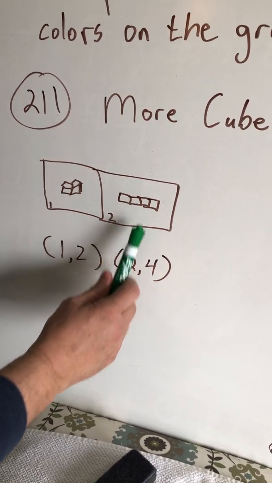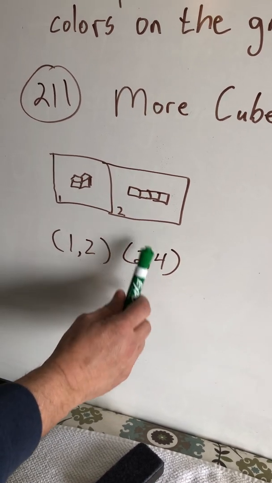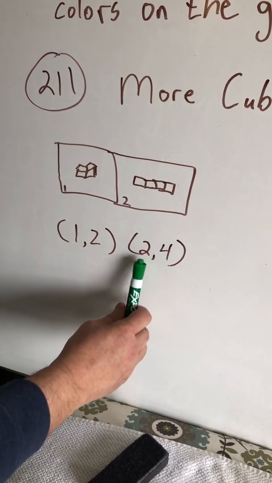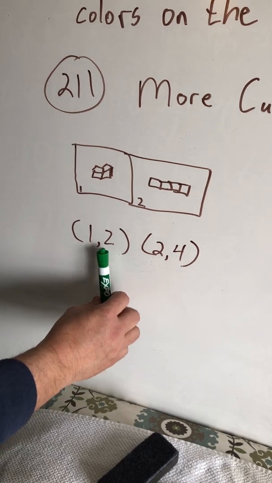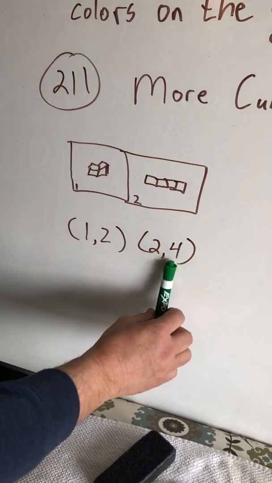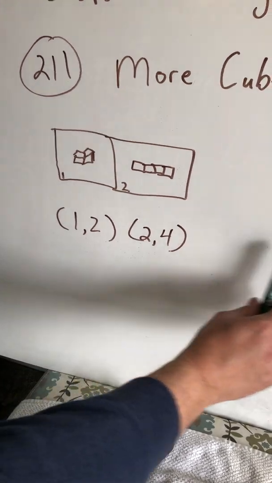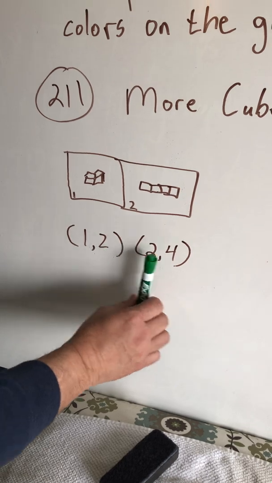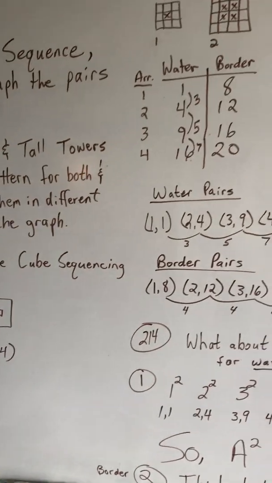So this is arrangement 2, so that automatically means the X is 2, and the number of cubes in the picture is Y. So always remember that. So we're looking for a pattern of the Y's. What's going on with the Y's? Because the arrangements just go up 1, 2, 3, 4, 5, and on. The number of cubes is changing every time, so keep that in mind, okay?